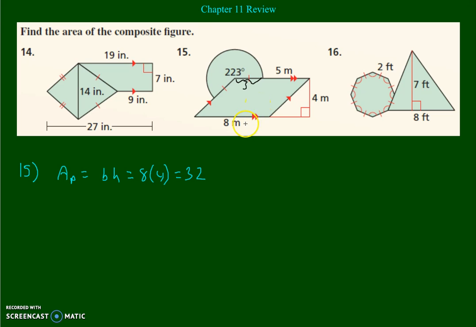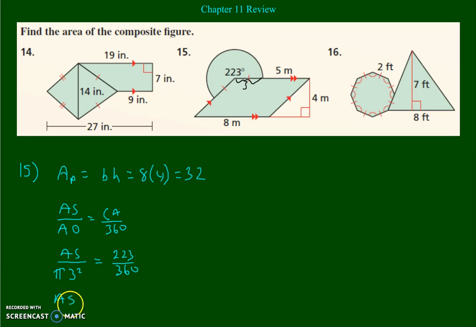Okay. And now let's go ahead and calculate the area of our sector. As usual, area of the sector is to area of the circle as central angle is to 360. Area of the sector is pi r squared, the r is 3 squared, as central angle 223 is to 360.